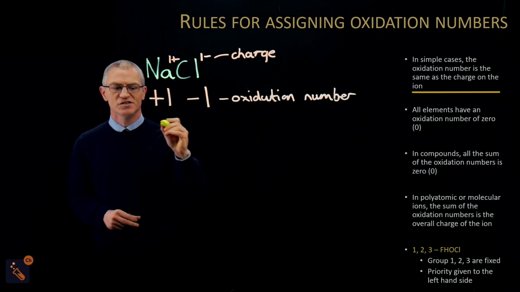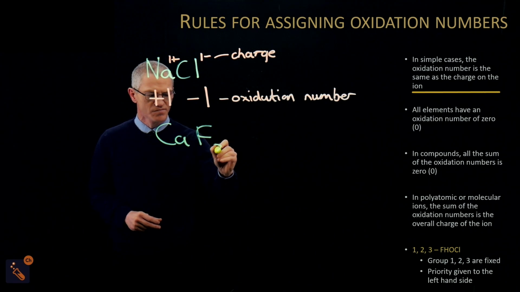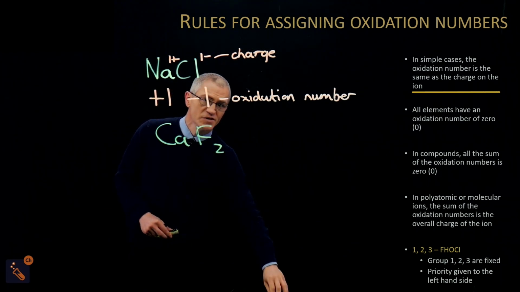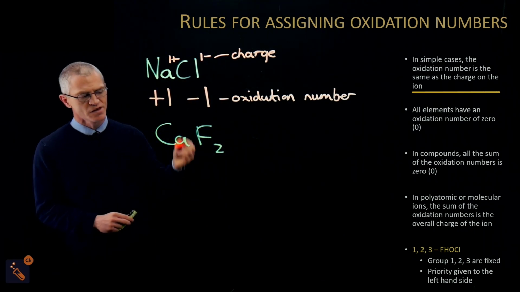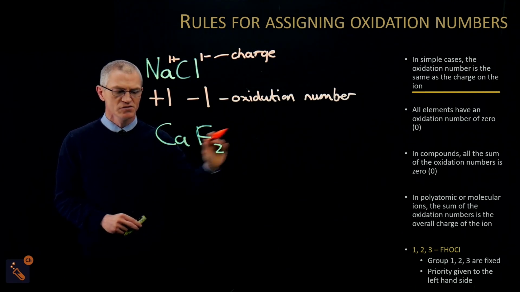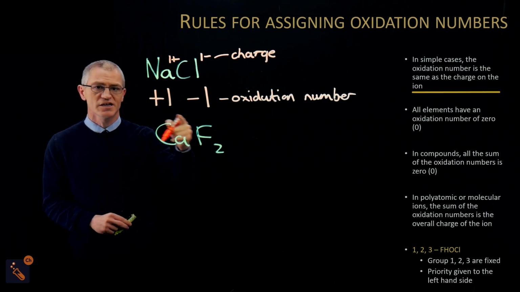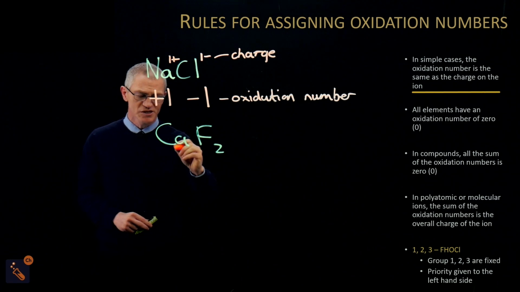The different example is going to be calcium fluoride. If we look at calcium fluoride, we go 1, 2, 3 for Hückel. Calcium is group 2, and normally it's a 2 plus ion.